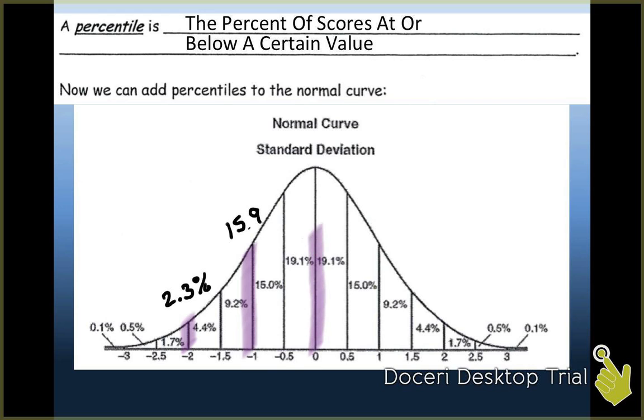The average, as we said, the mean, is the 50th percentile. 1 above is the 84.1 percentile, and 2 above is going to be the 97.7 percentile. So you'll see exactly how that fits in just a second. So we're going to look at an example quickly here.